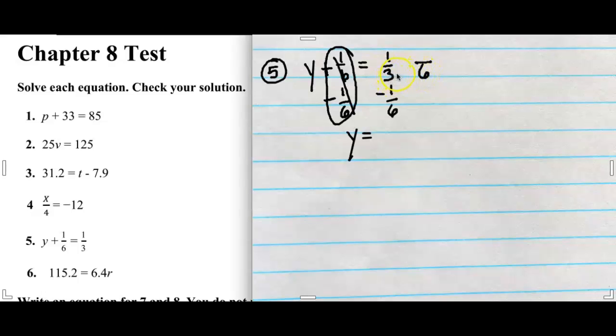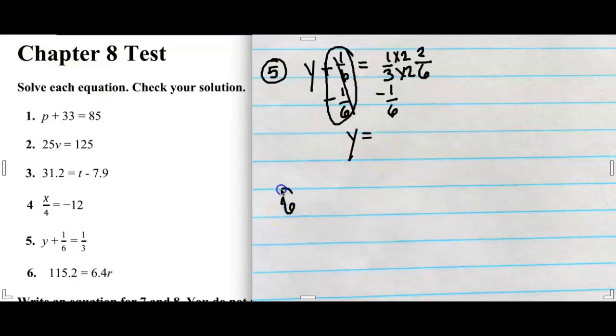So what number times 3 is equal to 6? Go ahead and answer that for me, please. You're right, times 2. So we have to actually multiply the top and the bottom by 2, so this becomes 2/6. 2/6 is equivalent to 1/3. So now we have 2/6 minus 1/6. I'm going to let you finish the rest of that one on your own.